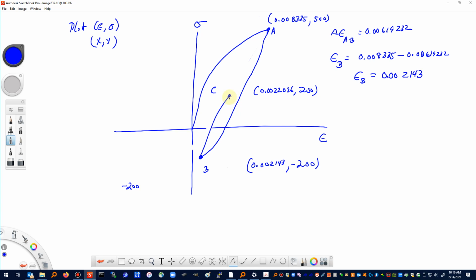So we go from C down to D, and we are just a little bit to the right of point B. We have the point 0.002827, and that is at the stress level of minus 100. All right, let's save this page.